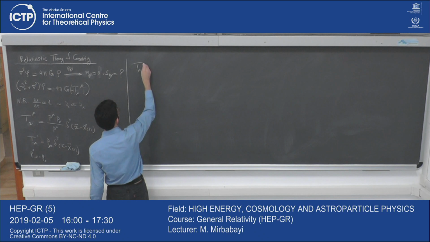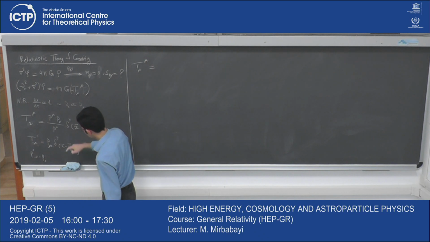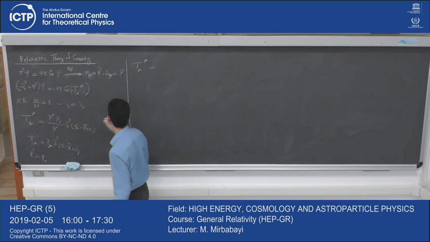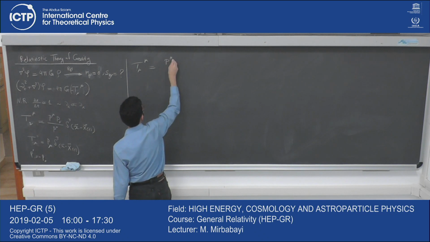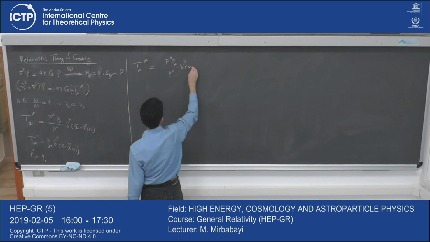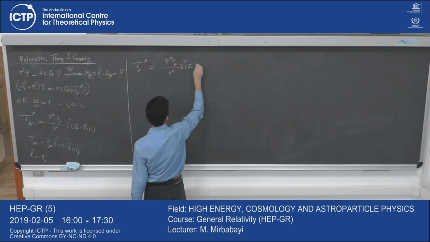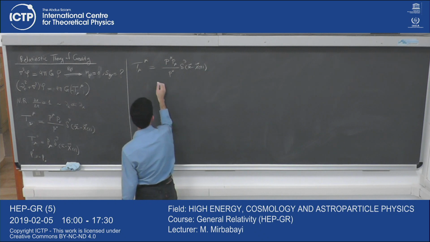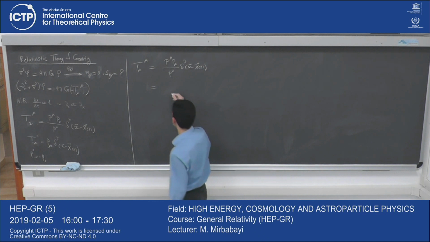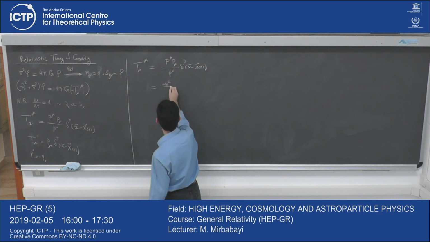And then if I take the trace of that expression, again, this convention P squared is P mu times P mu. So I get P squared over P0 times delta 3 of x minus x of t, and this P squared is minus m squared in this mostly plus signature.